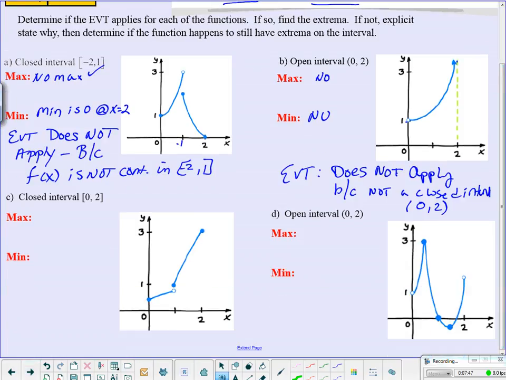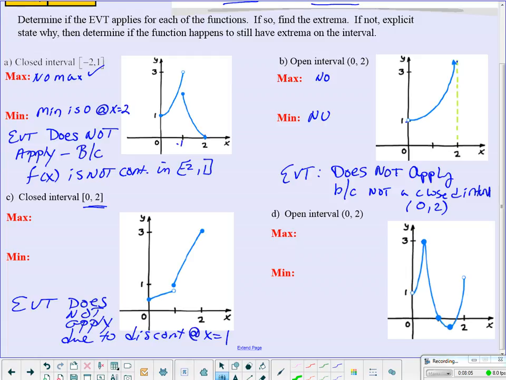Oh, no, EBT does not apply. We have the discontinuity at x equals 1, which is in our interval from 0 to 2. We do have the closed interval, but we don't have the continuity.